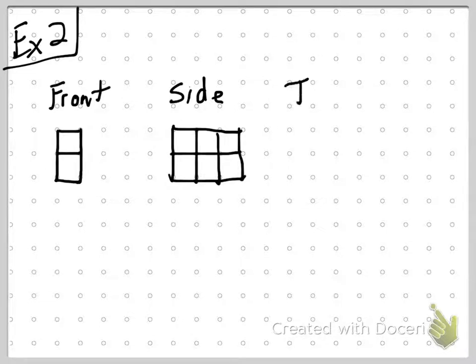We're missing a top view, and the top could be something like this. So let's say we have to take these two-dimensional perspectives and draw them out as a 3D object.